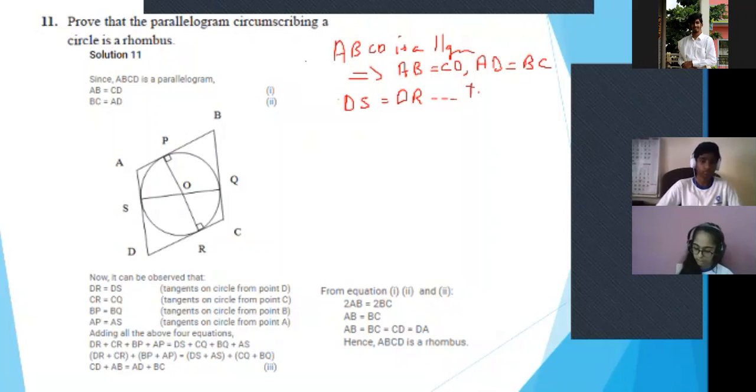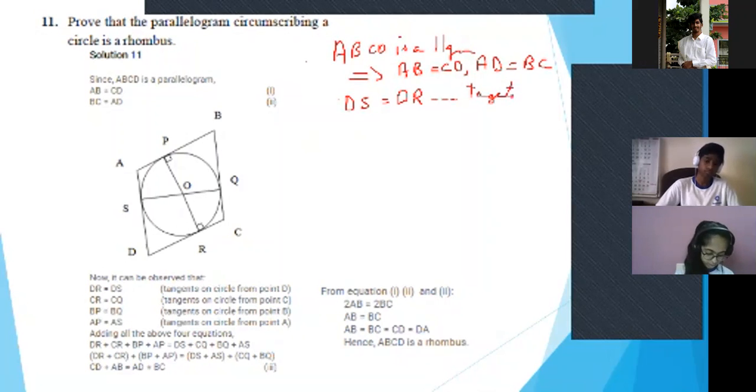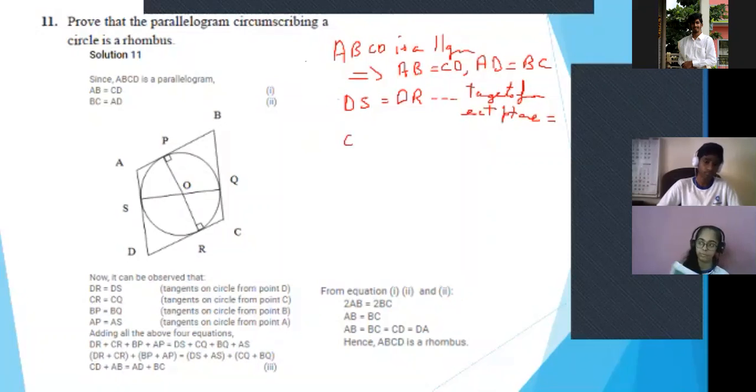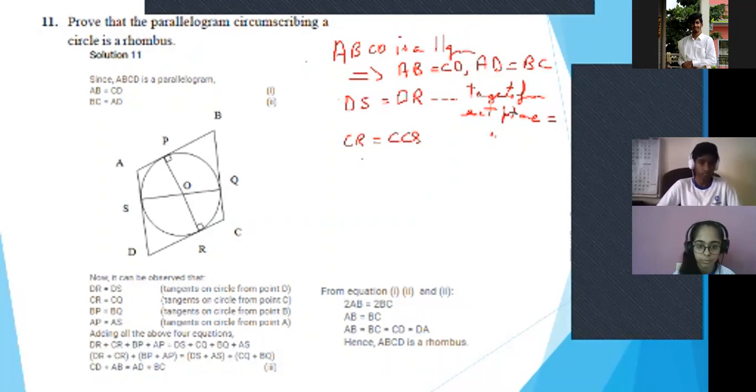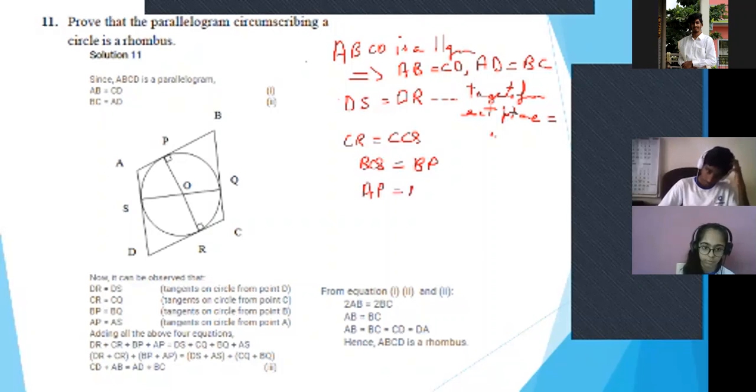Ma'am, the tangents drawn from the external point are equal. Perfect. Same way we can say CR is equal to CQ. Same way BQ is equal to BP. Same way we can also say that AP is equal to AS.